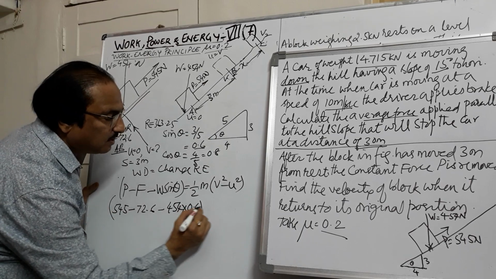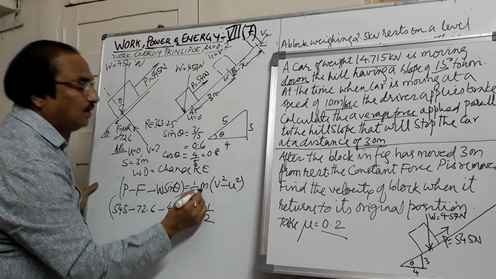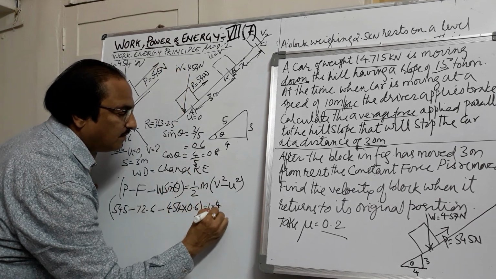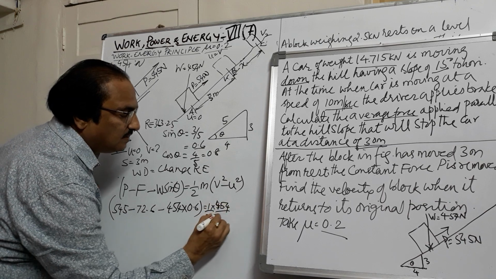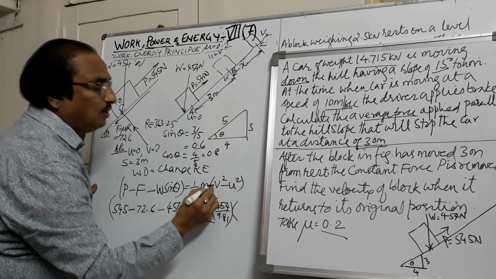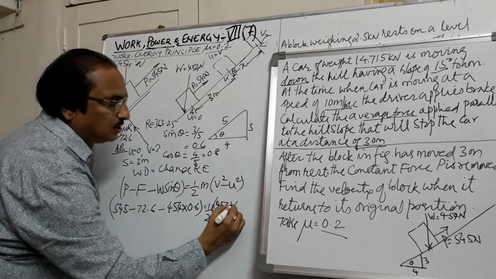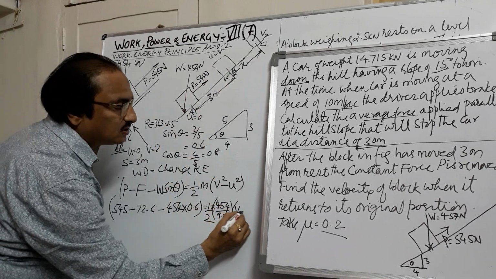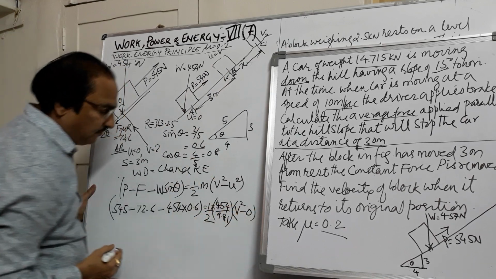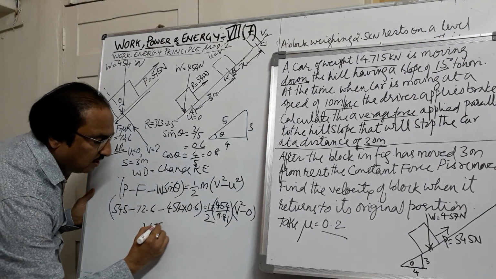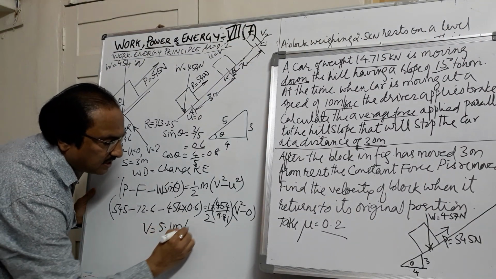This must be equal to half into the mass, which is the weight 454 divided by 9.81, into the final velocity it will attain, which you are required to find at this point, and the initial velocity is 0. If you simplify this, you get the velocity v equal to 5.1 meter per second.